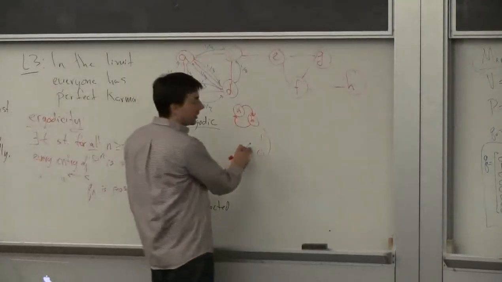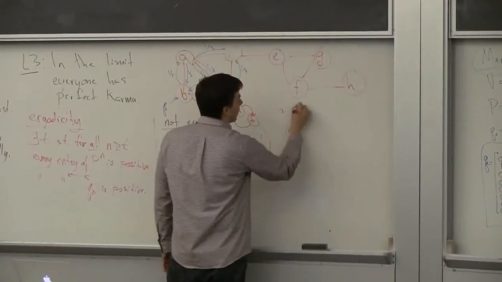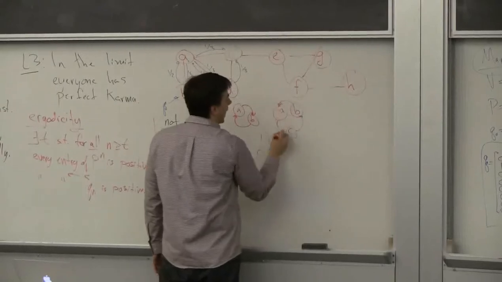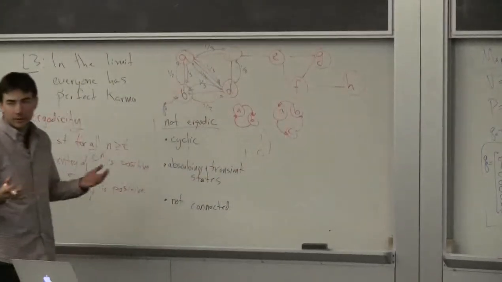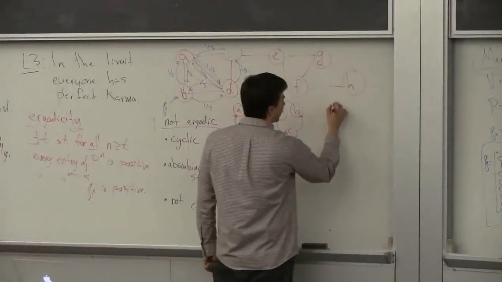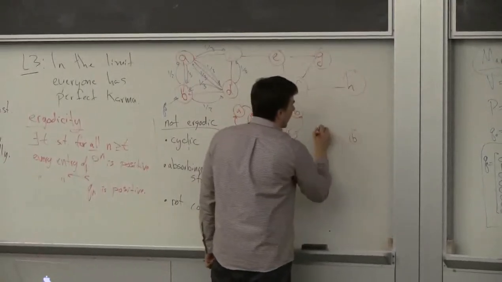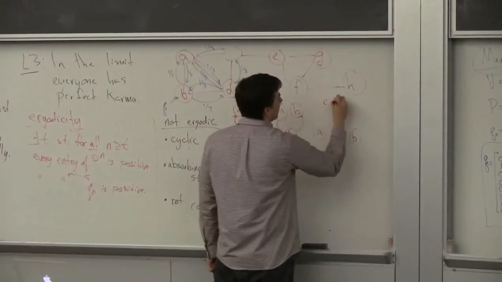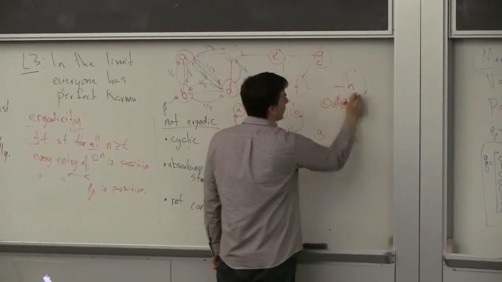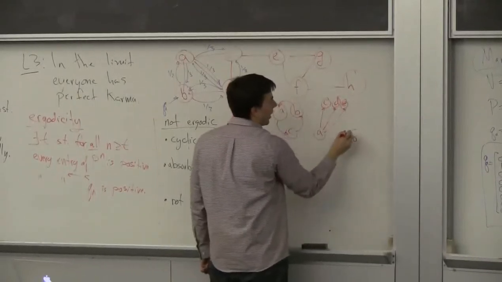It doesn't need to be a cycle of size 2. It can be a cycle of size 3, where C always goes to B, B always goes to A, and A always goes to C. This also works. And it doesn't need to be just 3 nodes. You can have something where you have A and B, and you have C, D, E, and F. Let's simplify it. A goes to one of these with 1/3 probability.